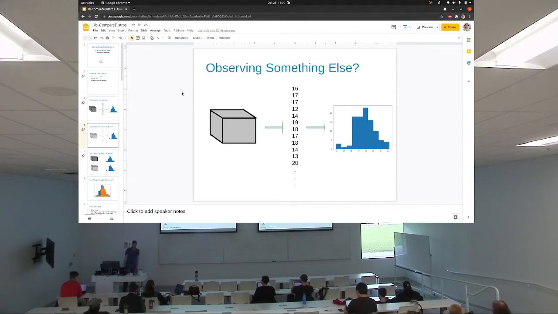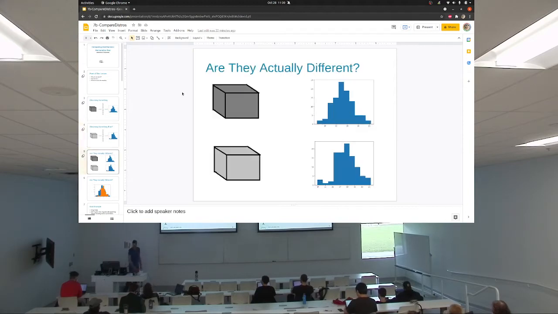But okay. So if I go here, I've got these two different random variables. Maybe the dark is like the fish in the Pacific Ocean and the light is the fish in the Atlantic Ocean. The question I now have is, are they different? Can I make a conclusion about the fish in the Pacific laying more fish or less fish or something?